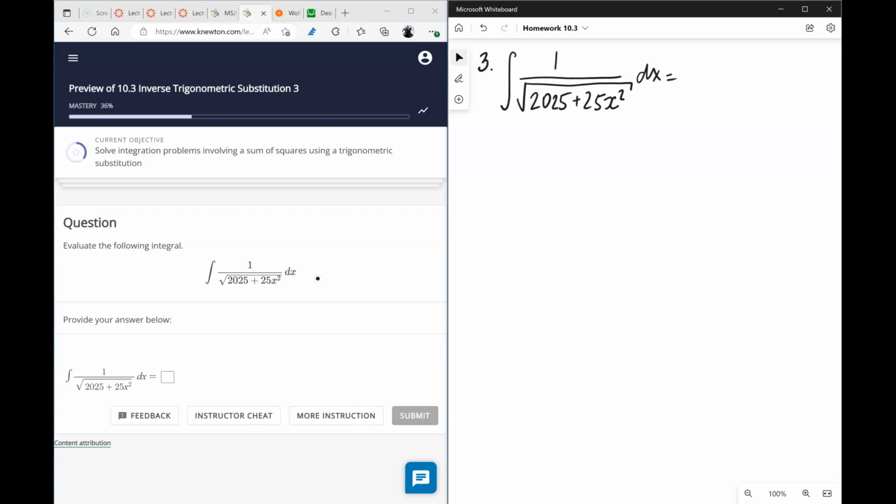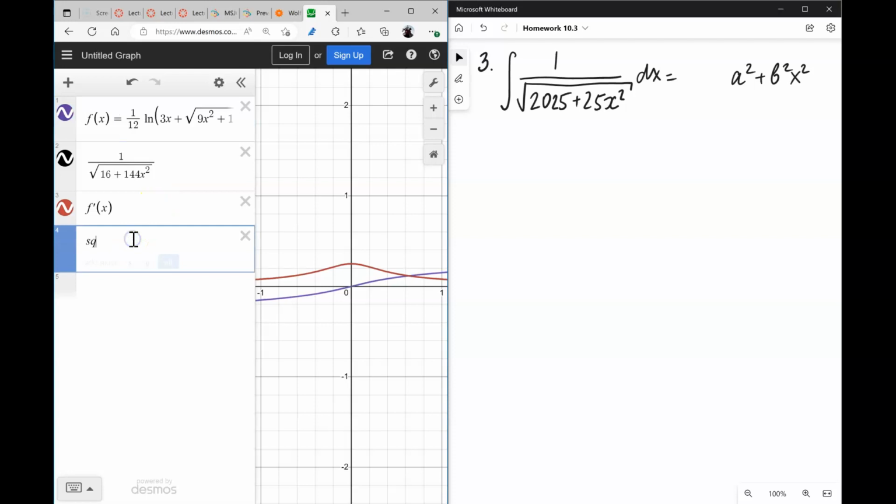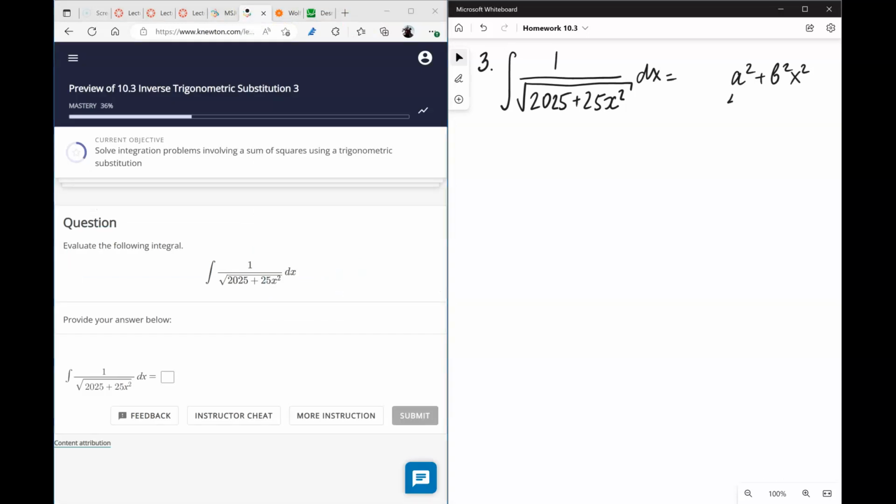The pattern here is that we have a squared plus b squared x squared. We have 2025, it's 45. So we have 45 squared plus 5 squared x squared.